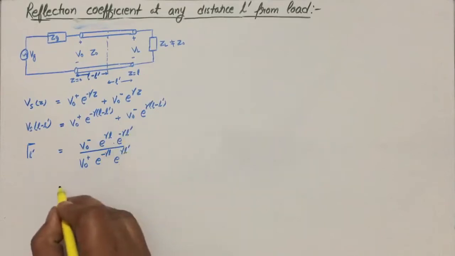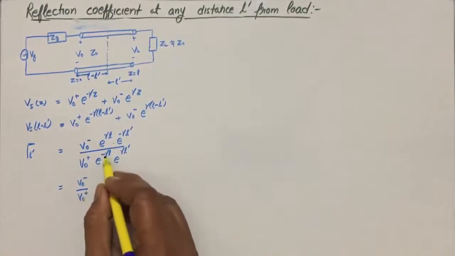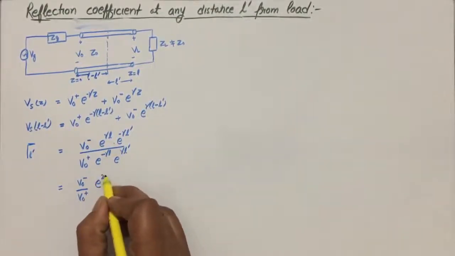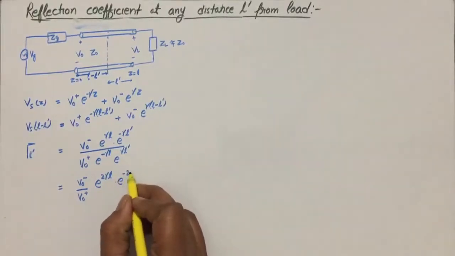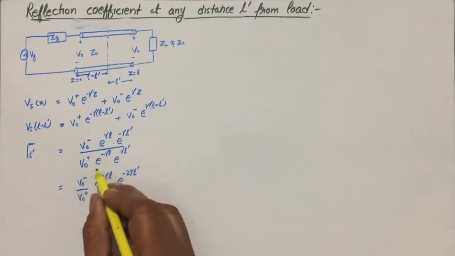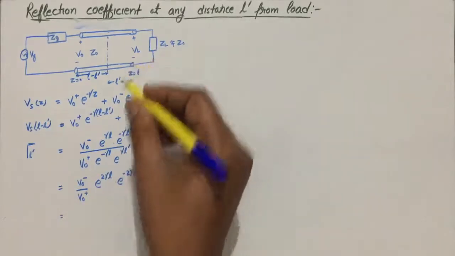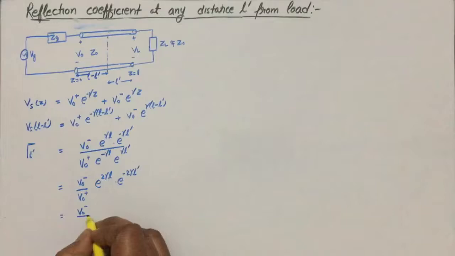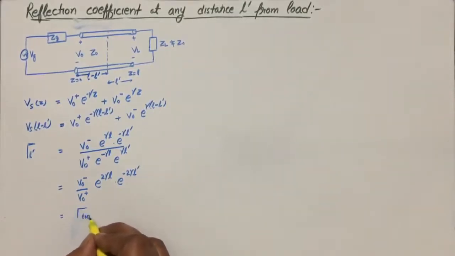Now if we simplify further, we get positive e to the power 2 gamma L multiplied with e to the power minus 2 gamma L dash. And what is this? This is the reflection coefficient at the load, at the end of the line.